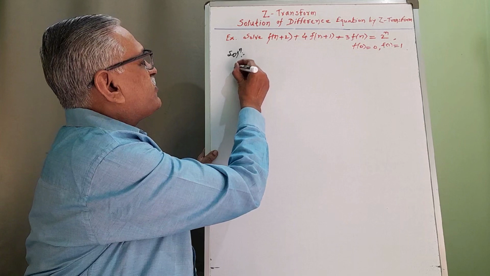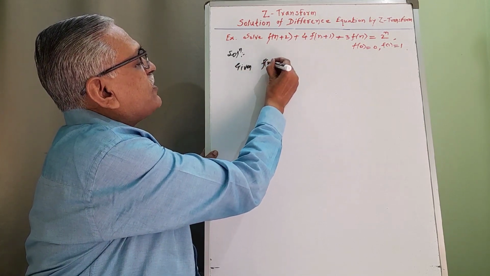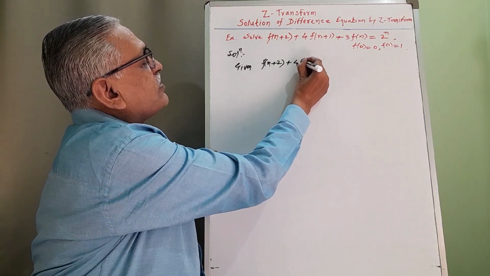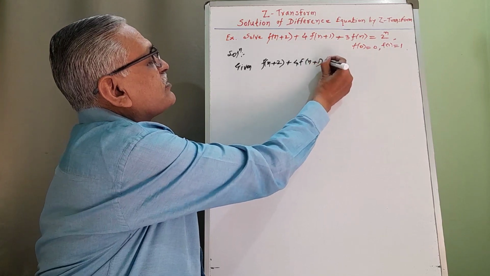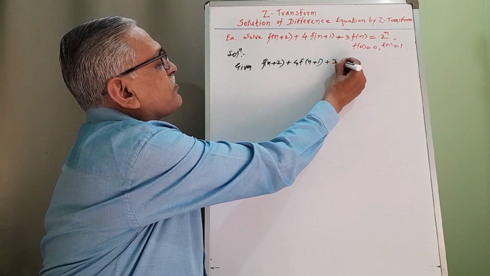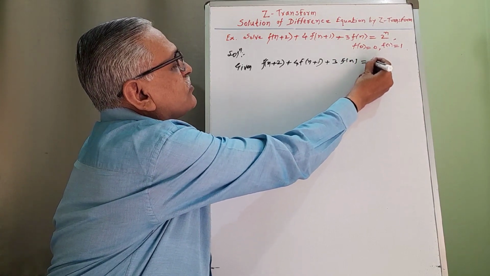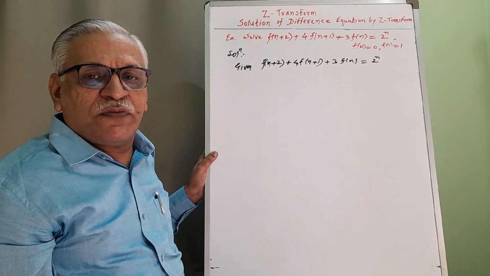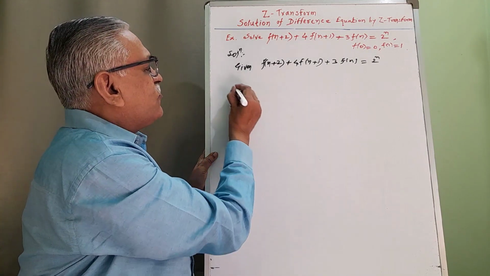Therefore, the given differential equation is f(n+2) + 4 f(n+1) + 3 f(n) = 2^n. The first step is taking Z transform on both sides.